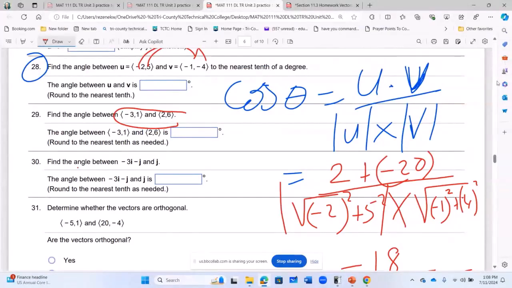Anyway, so we have the cosine of the quantity on the right hand side.